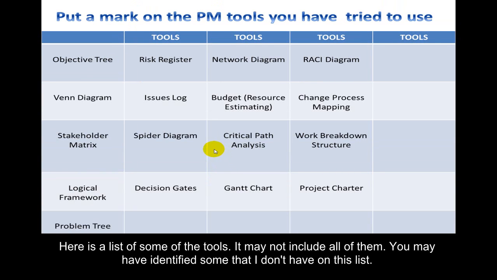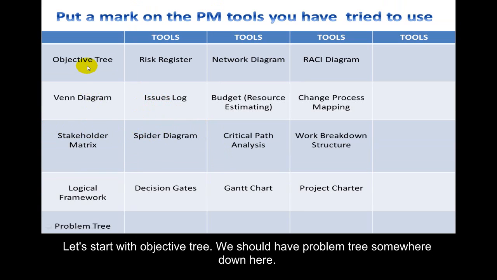Here's a list of some of the tools. It may not include all of them, and you may have identified some that I don't have on this list. But let's just start with objectives tree, and we should have problem tree somewhere down here.